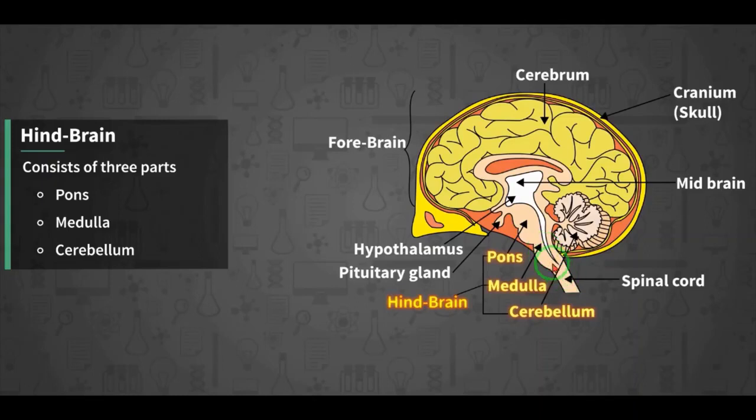Clear? Then the last part is known as the cerebellum. It is the second largest part of the brain, formed of two large sized hemispheres and a middle vermis. The first largest part is known as the cerebrum, and the second one is the cerebellum.